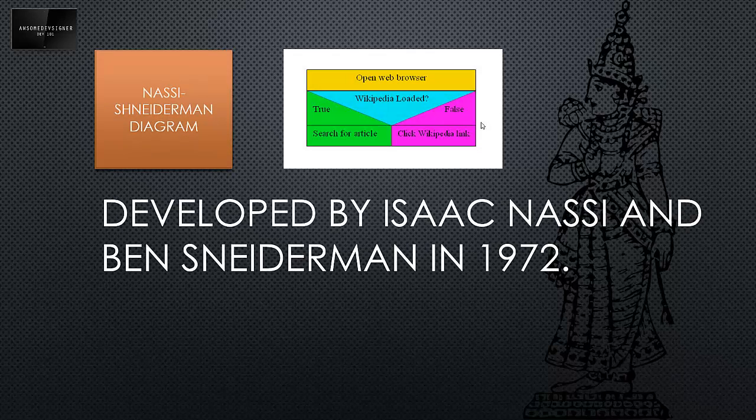So here you can see a sample of a Nassi-Shneiderman diagram. This diagram type lets you visualize code using different graphical elements. If you take a look at the sample, you can see an entry, the open web browser entry.